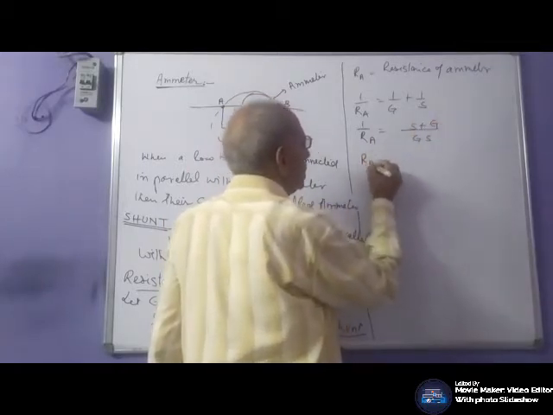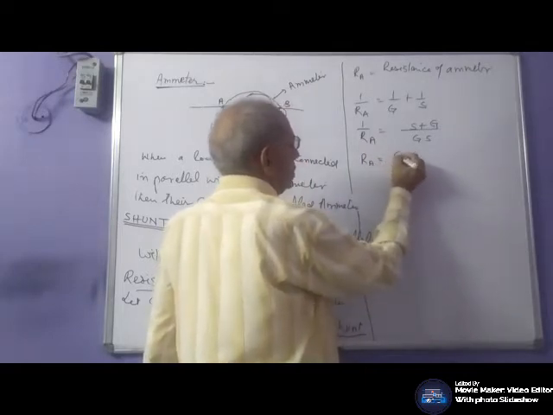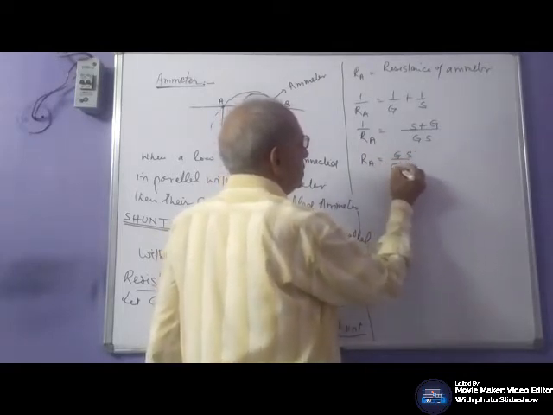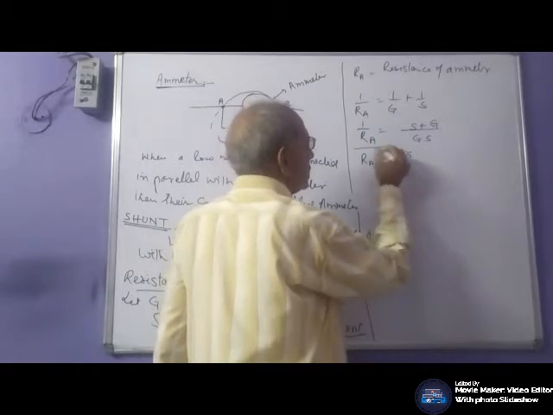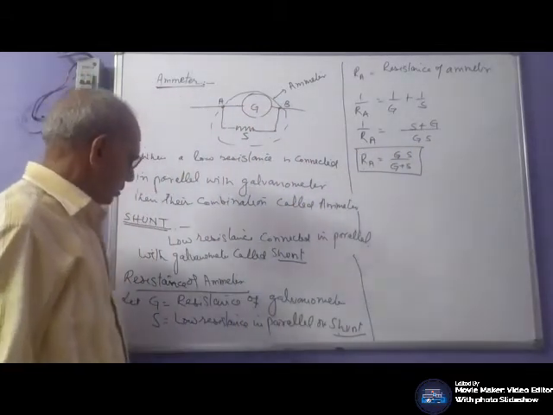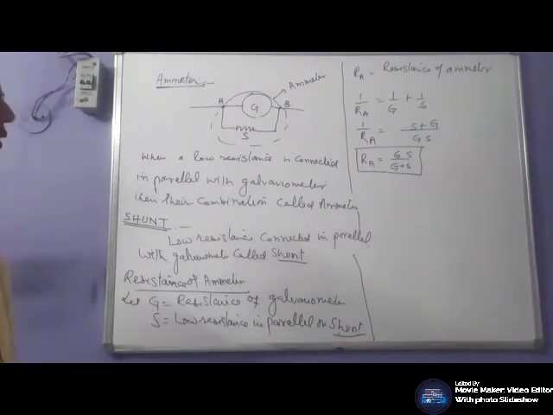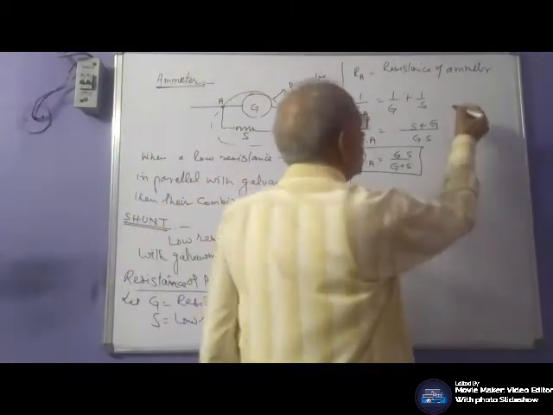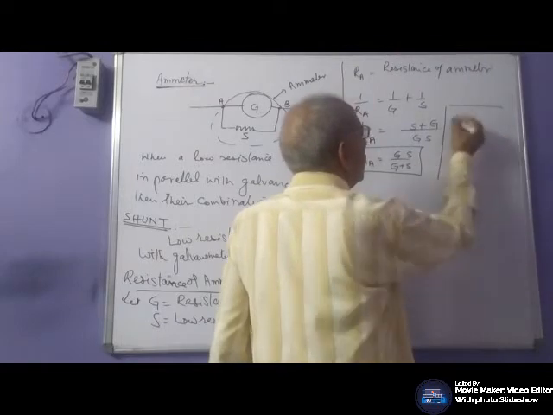So RA is GS by (G plus S). This is the resistance of the ammeter.